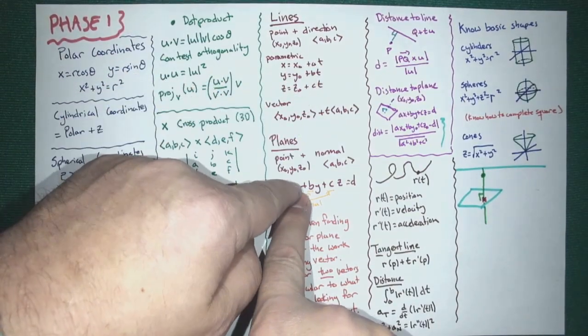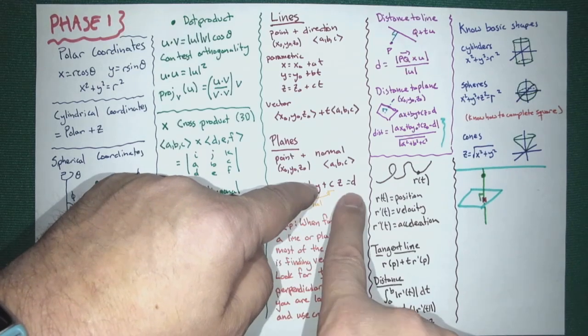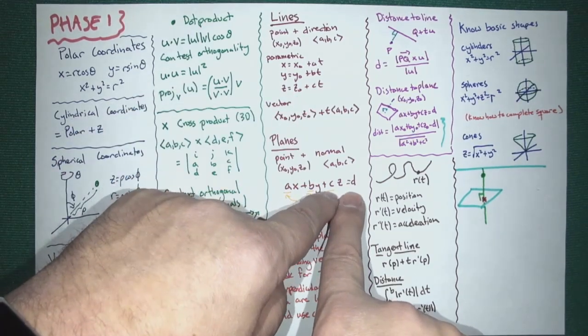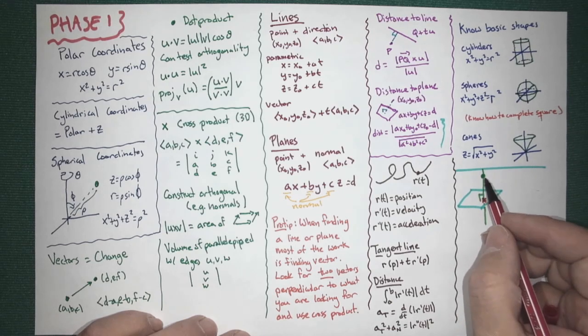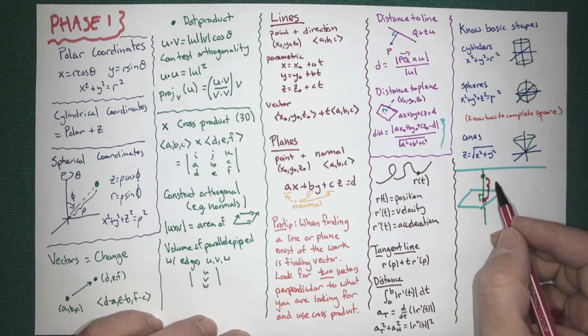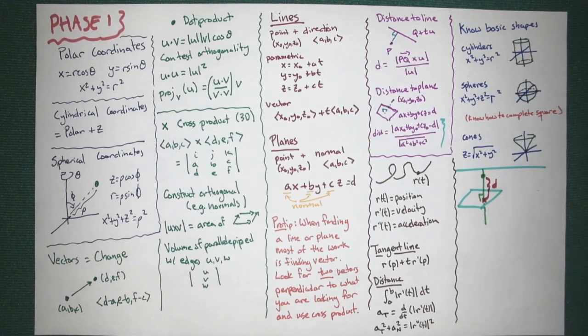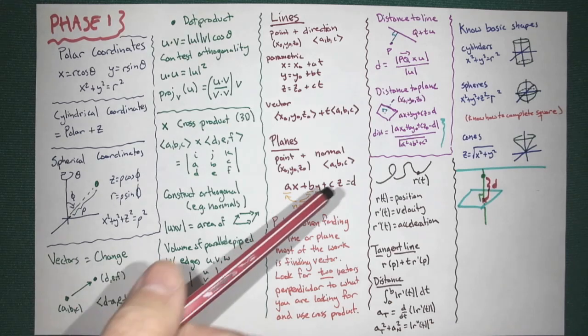Take whatever x is and plug it in for x. Take whatever y is and plug it in for y. Take whatever z is and plug it in for z. Now I can find the point on the plane which is closest. So I can get to this distance here. So that's one way to do it. If you don't want to remember the formula, I can derive the formula. It only takes a few minutes if you want to see where this formula comes from.